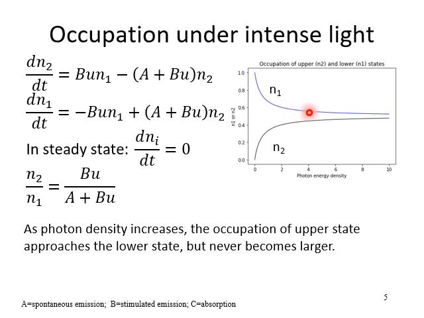But when the flux gets high enough, then we actually begin to stimulate emission as well. So we have absorption and emission, and those stimulated emission and absorption processes compete with each other, and we will always have more in the lower state than in the upper state, but at very high fluxes, they approach one another. The number in the upper state can never be greater than the number in the lower state.